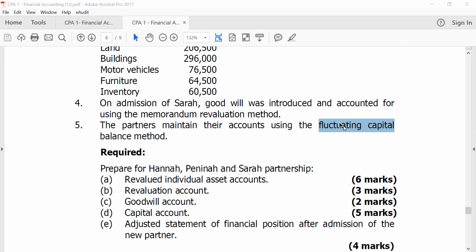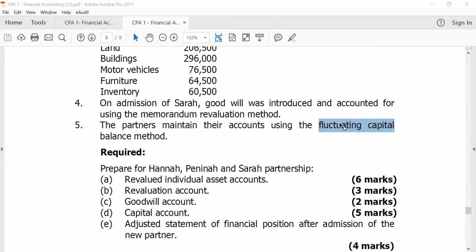And that means that for the fixed capital method, we shall have 2 accounts, the capital account and the current account. But for the fluctuating, the capital account is a mixture. All the details that go to the current account are put into the capital account.